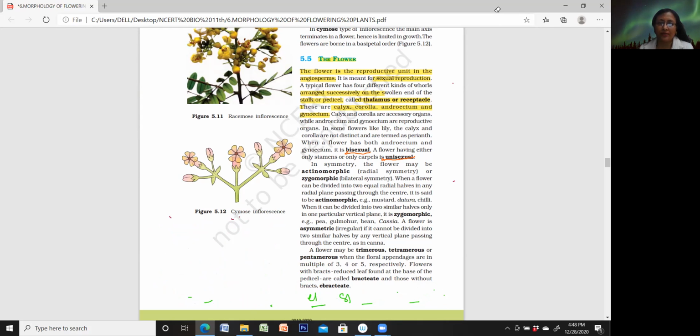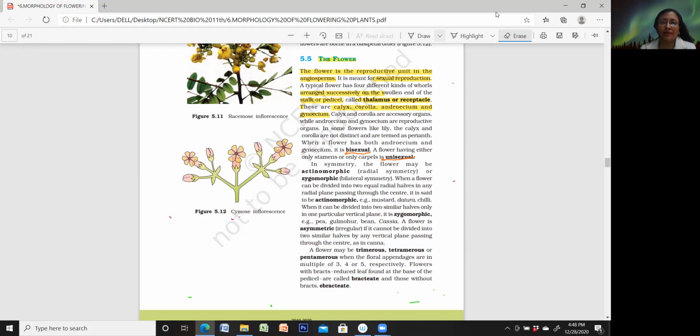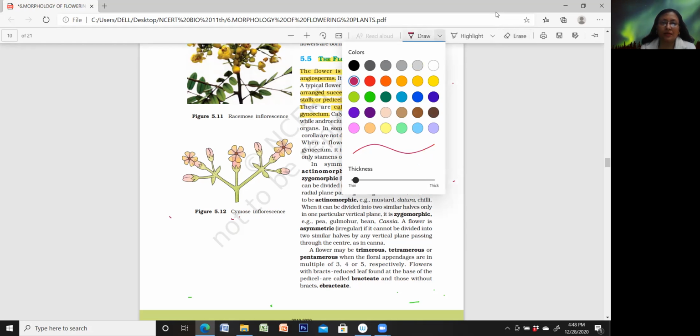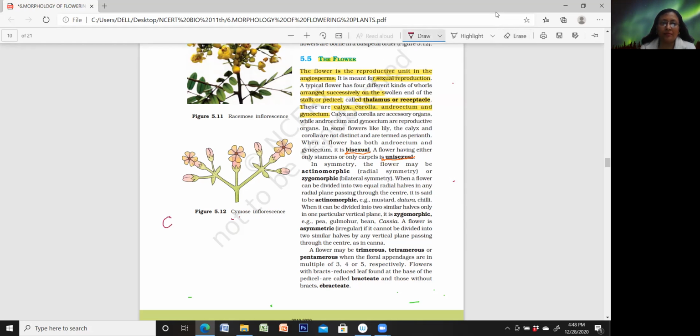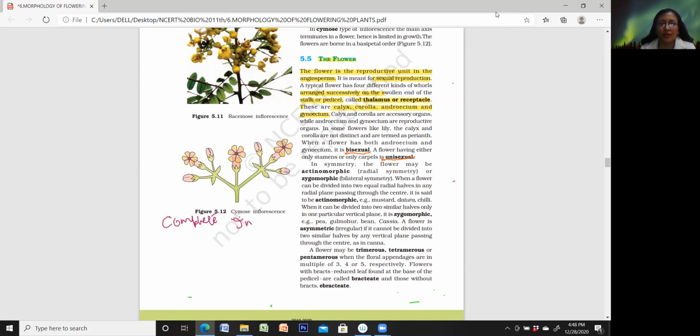Though NCERT is now writing about the bisexual and unisexual flower, let us understand in this way that the flower can be complete or incomplete. Fine. A flower can be complete or incomplete.